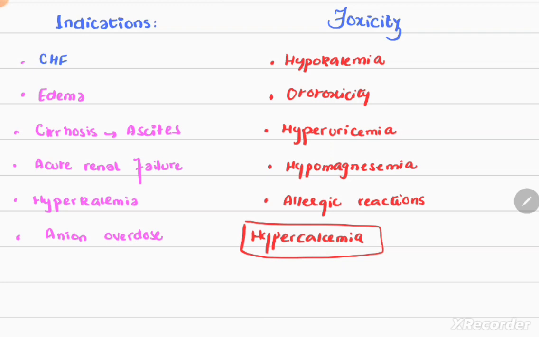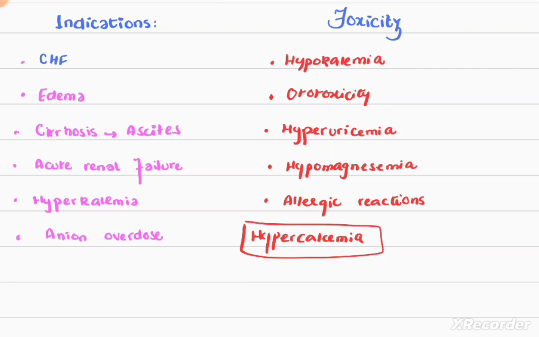Now, how this happens is that the patients have hypercalciuria, which usually leads to mild hypocalcemia. Initially, when you give the loop diuretic, it increases the excretion of calcium. So it can cause a very mild hypocalcemia in the starting phase.